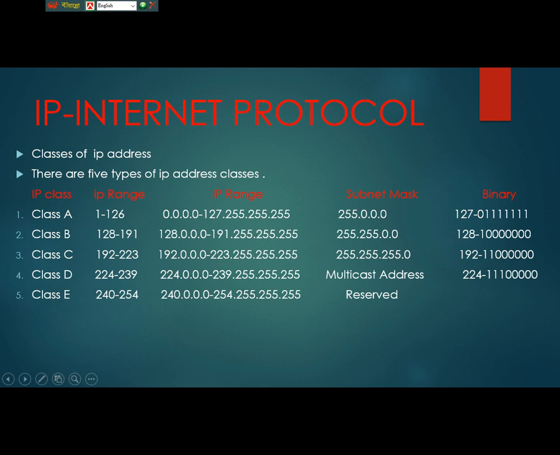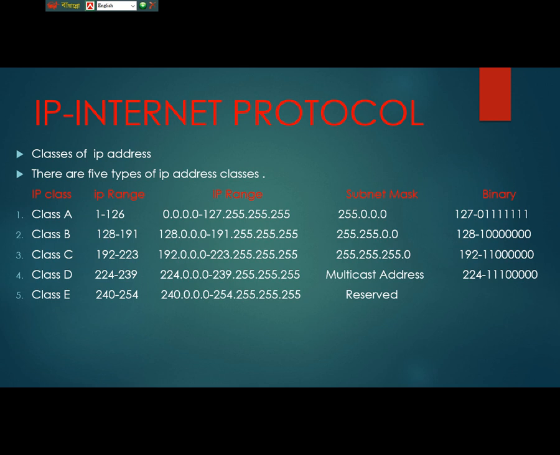Class B has a 16-bit networking address, so 255.255 is 1s and 16-bit 0. Class C has a 24-bit networking address and 8-bit host address.